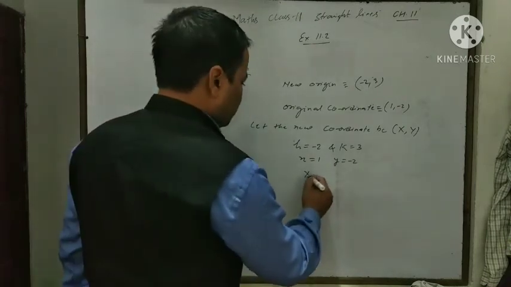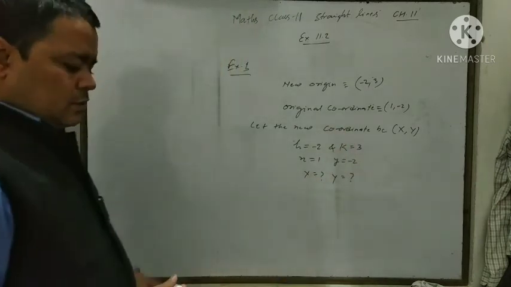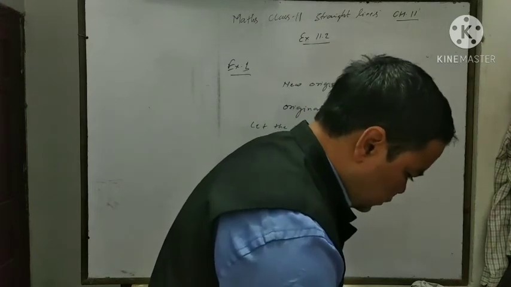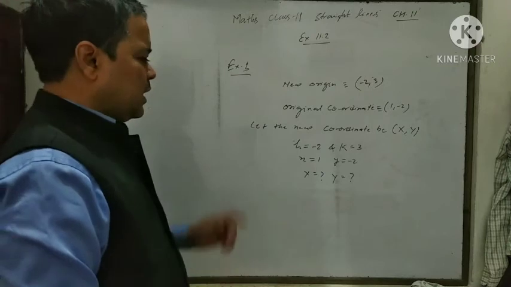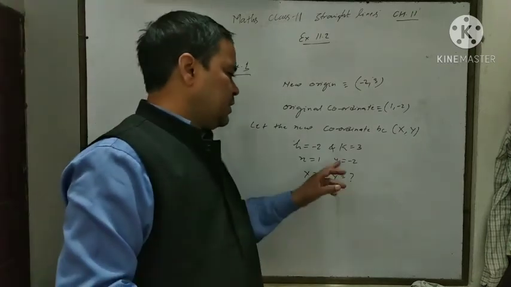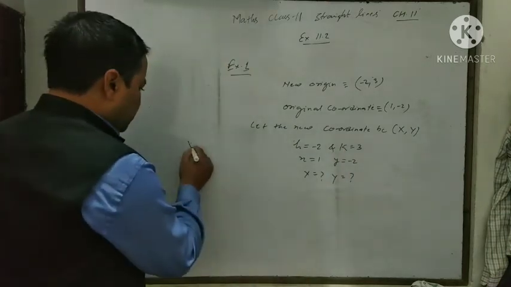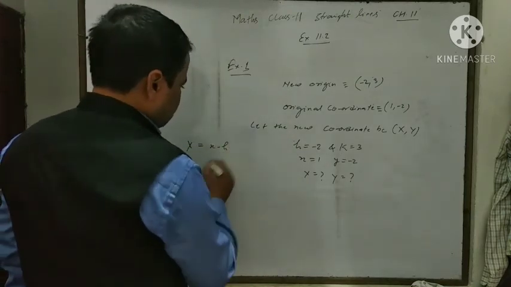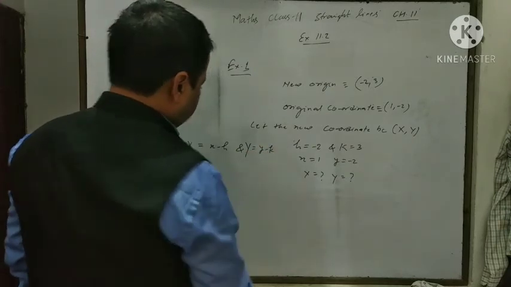Then we have to find the value of X and Y. We have to know the relation between small x, capital X and h, and similarly the relation between small y, capital Y and k. So here capital X is equal to x minus h and capital Y is equal to y minus k.